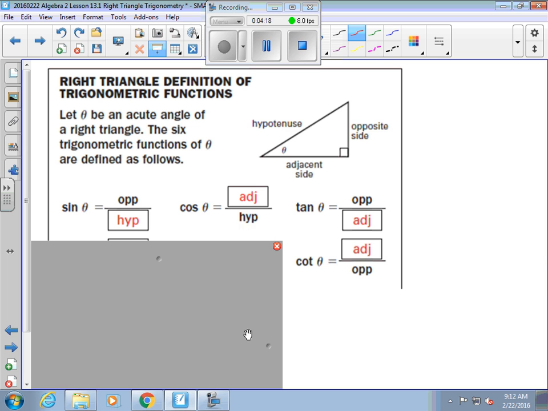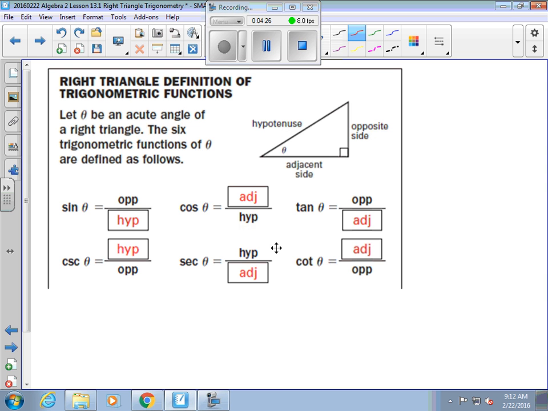All you're doing is taking the reciprocal and flipping it. The other 2, cosecant and secant, are the reciprocals of sine and cosine, respectively. So you find something you're familiar with, like sine, and you flip it to call it cosecant. Same thing with cosine and secant.